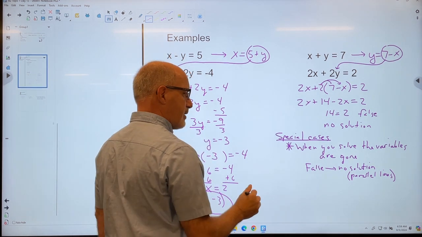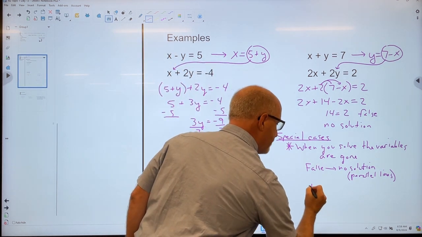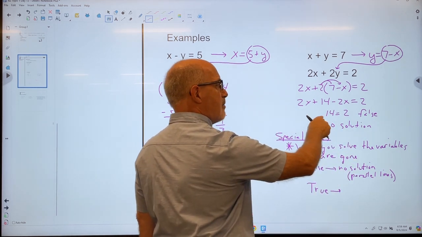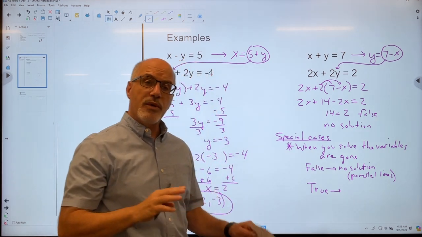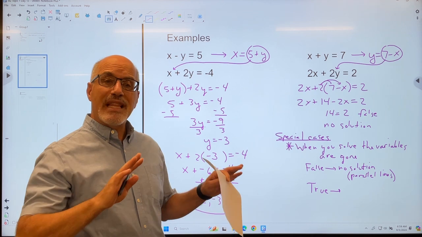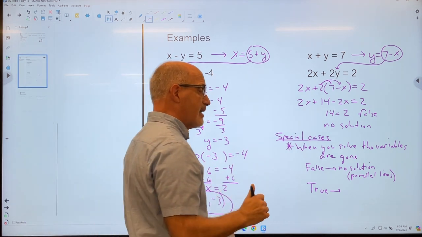They don't intersect. Okay, if it's a true statement, let's say that when we solve this, the answer came out as 2 equals 2, which is a true statement, but no variables. That would mean that you would get the entire line as the solution.